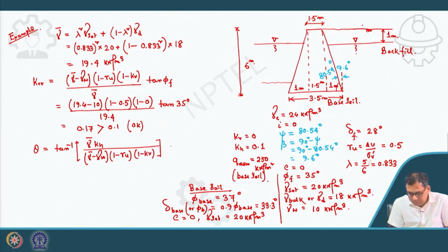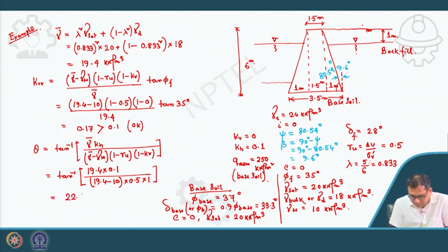Putting in the values: gamma bar is 19.4, Kh is 0.1, divided by 19.4 minus 10, into 0.5, into 1 because Kv is equal to 0. So theta will come to 22.4 degree.